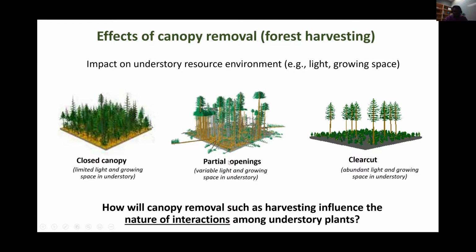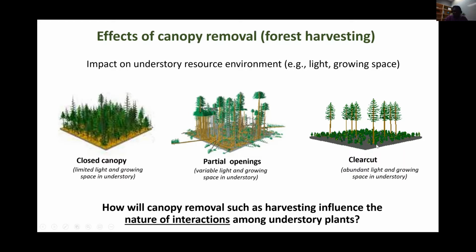So here, if we do some partial cuts, there will be more space, more light for understory plants to coexist. We contrast that with clear cuts where light is not limiting, there is enough space. And are they going to grow together? Are they going to compete for resources? Yes, we can consider all those scenarios.